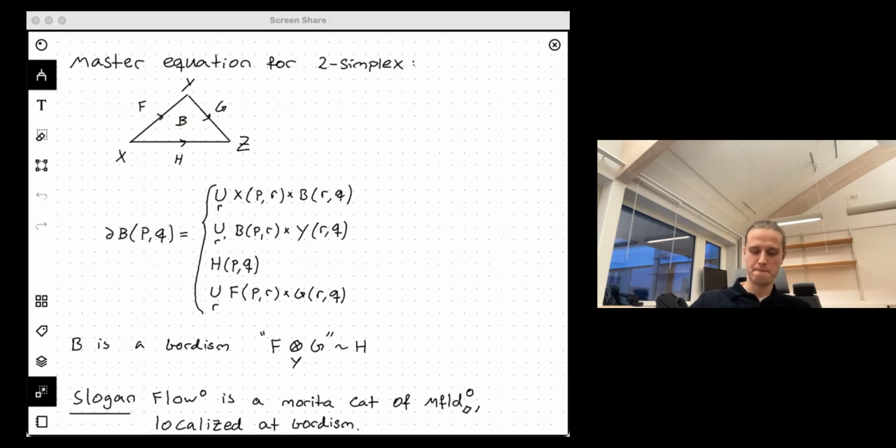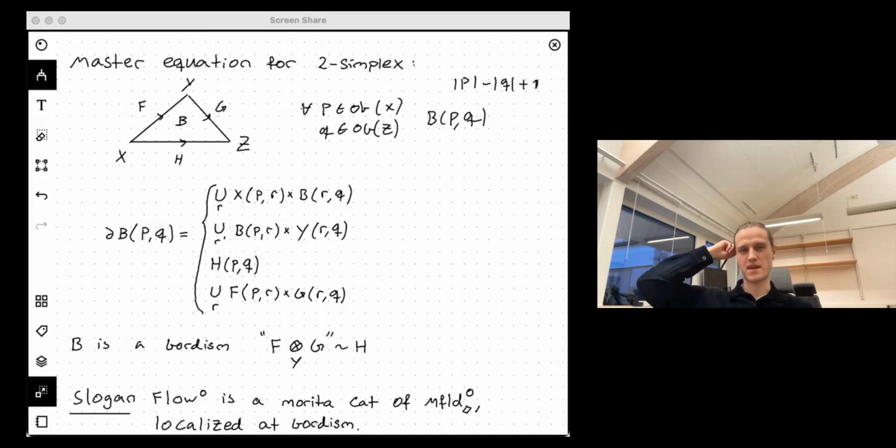So to specify B, I have to specify for all objects P of X and all Q in objects of C, I have to specify BPQ, which is again one of these manifolds with faces. And the dimension formula should again be something like dimension: grading of P minus grading of Q plus 1.